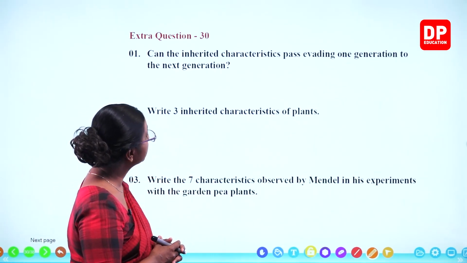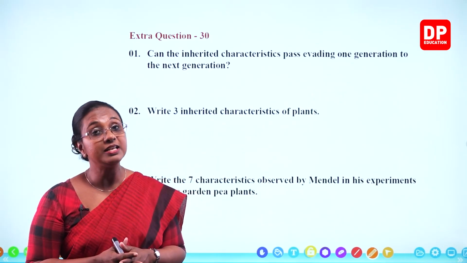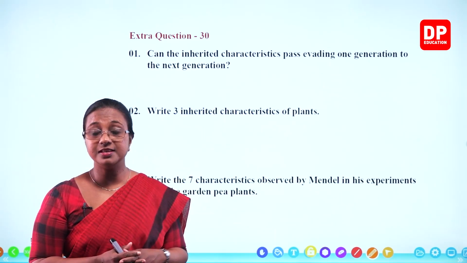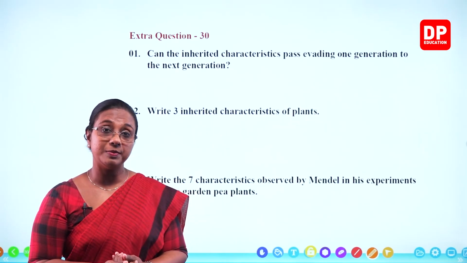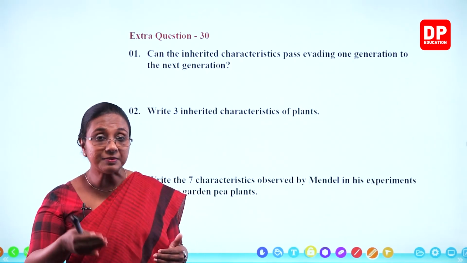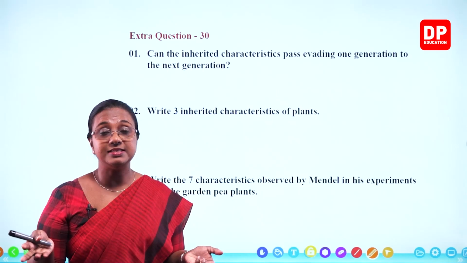So that is possible. Another thing. Now we have discussed rare inherited characteristics. Rare inherited characteristics are not common among the human population. Why? Because those characters are there, but they skip generations and occur, and also those are not commonly seen.